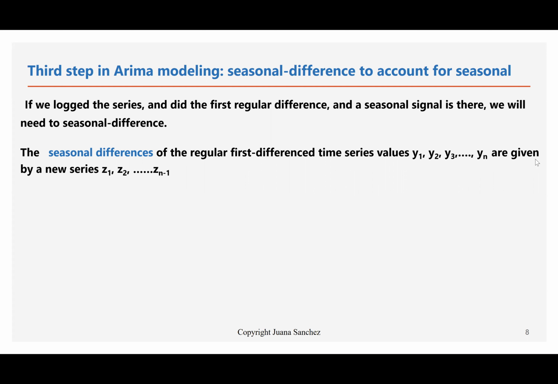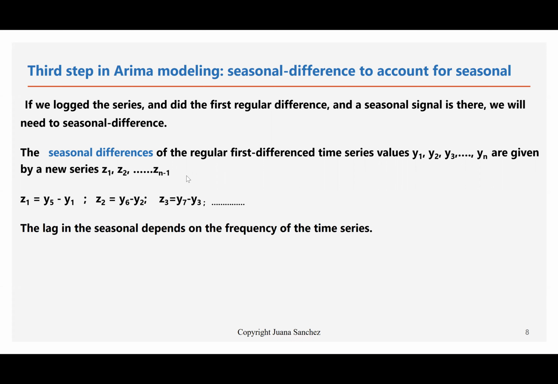Now we have to obtain a new series that is the result of seasonal differencing, and we are going to call it, following my advice, please change the names if you transform, Z1, Z2, ..., Zn minus 4. So Z1 in the Johnson series will be Y5 minus Y1. Z2 will be Y6 minus Y2.